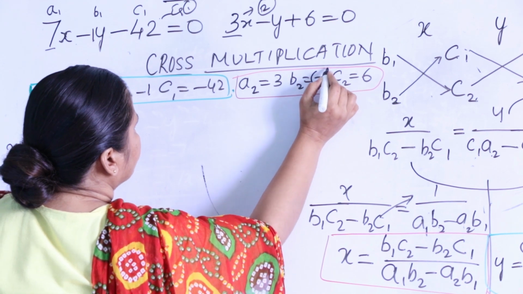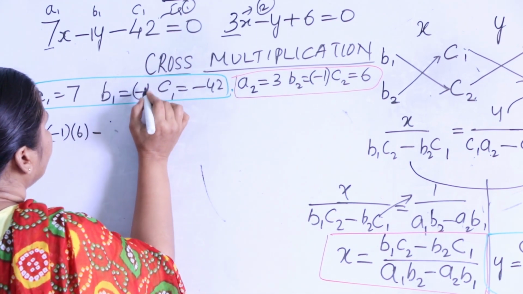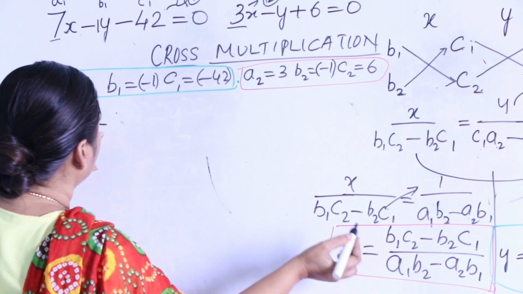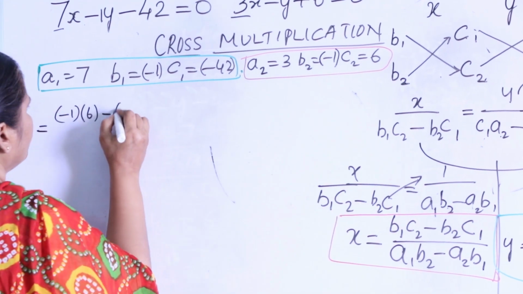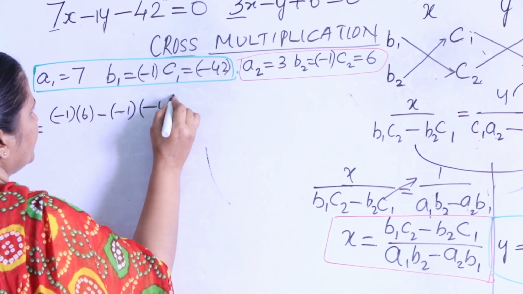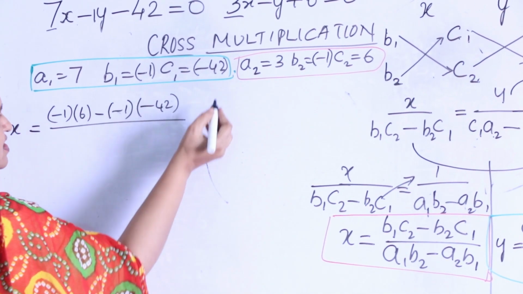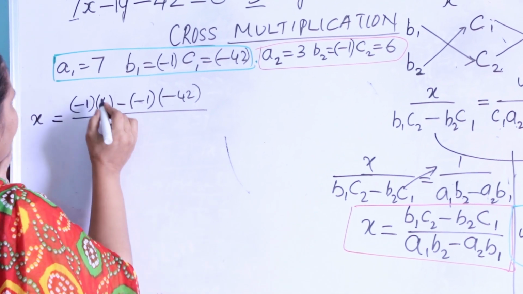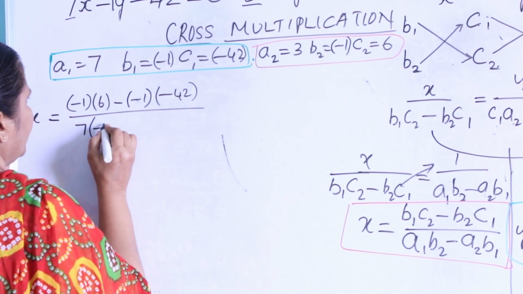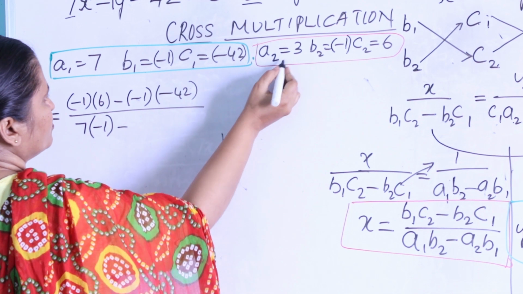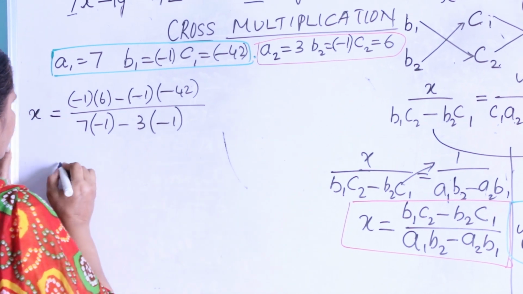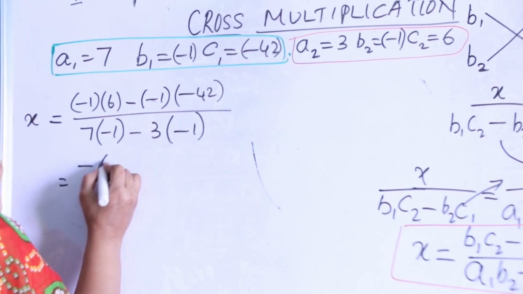Another tip to remember: when you get a negative integer, immediately put it in brackets. Coming back, b2 is minus 1. What is c1? Minus 42. Then a1 is 7. What is b2? Minus 1. Minus a2, 3, b1, minus 1.